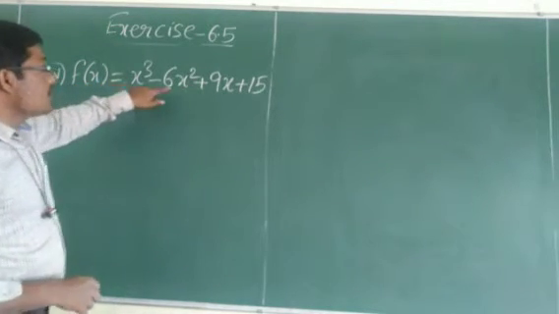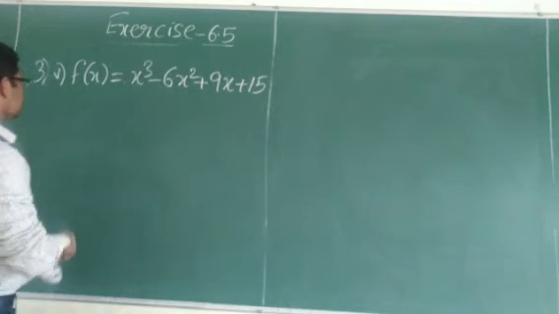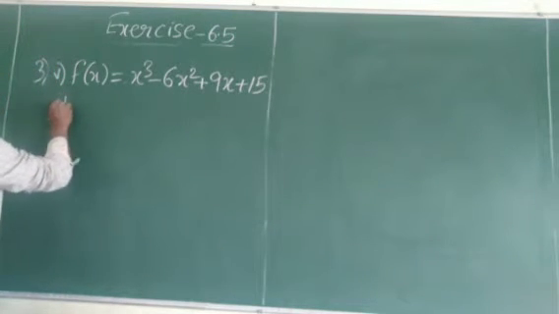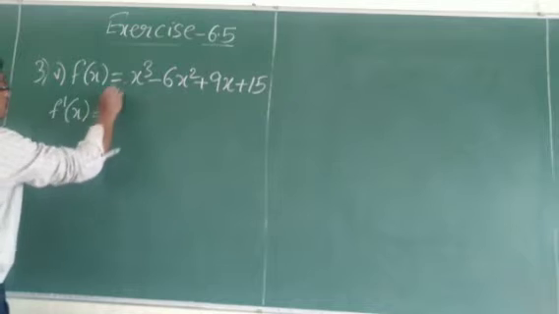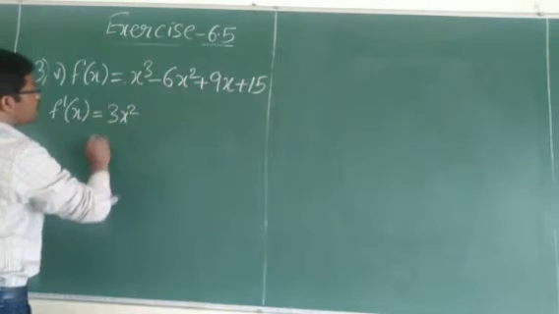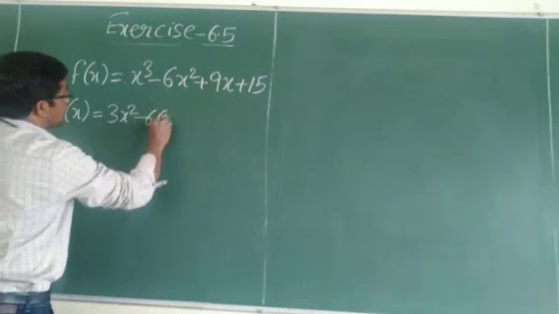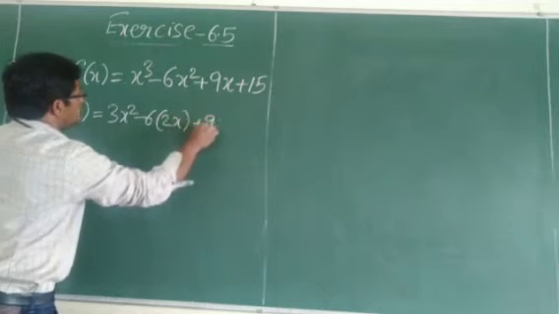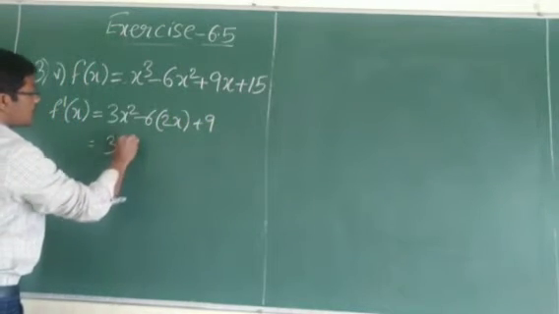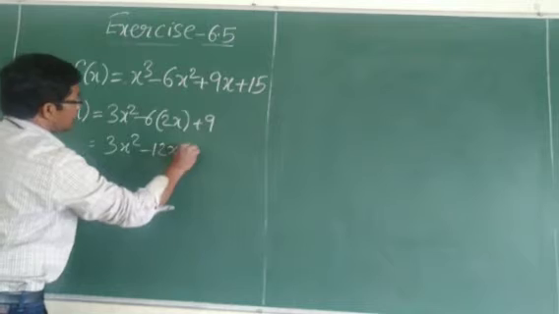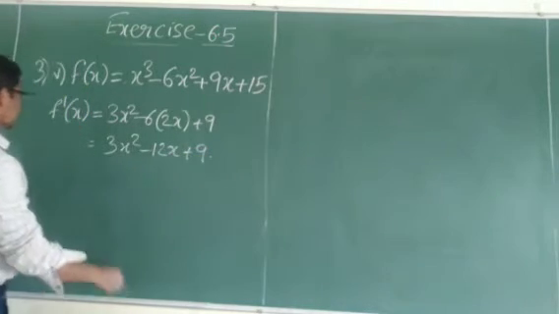F of x is given by this equation. Again find the derivative. The derivative of x cube is 3x square, minus 6 into 2x, plus 9. This is equal to 3x square minus 12x plus 9.